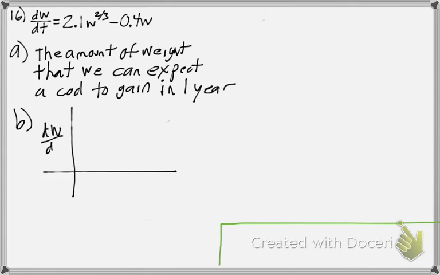So this is dW over dt. This is W, and I went up to 200. Okay.